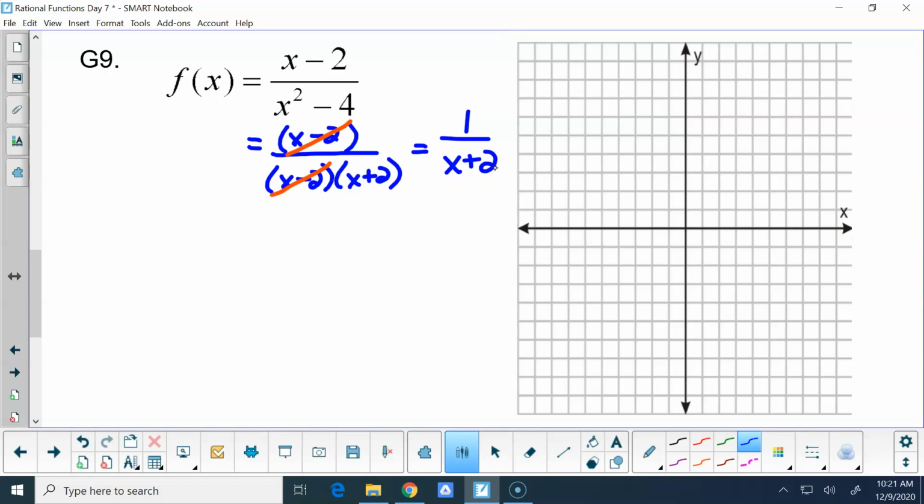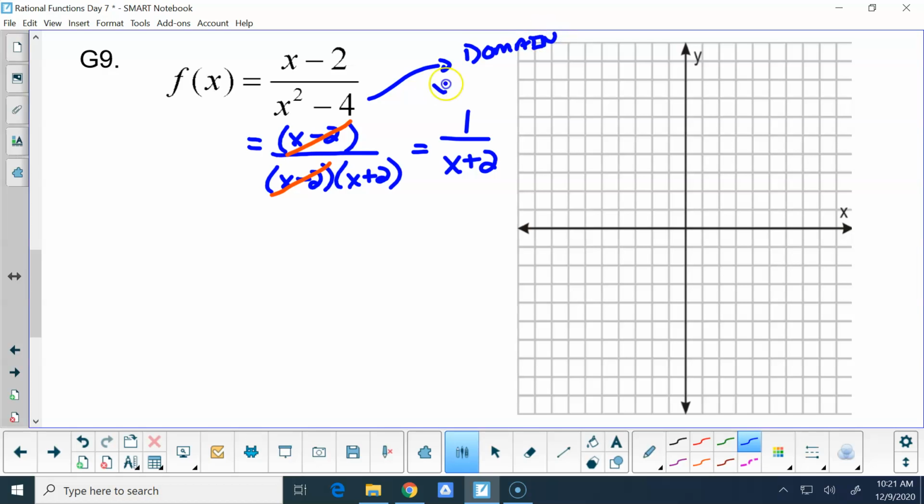Okay. We're going to kind of jump around a little bit here. Step number 1, so that was step number 0. We factored it. Step number 1 now says we have to find the domain and any and all vertical asymptotes. So for the domain, I look back to my original function.